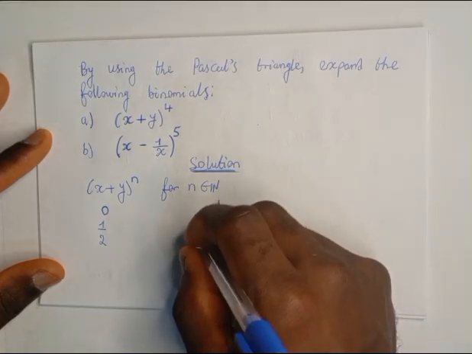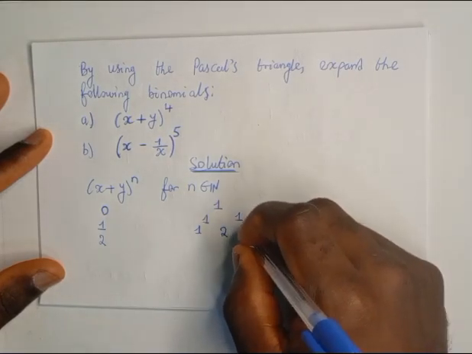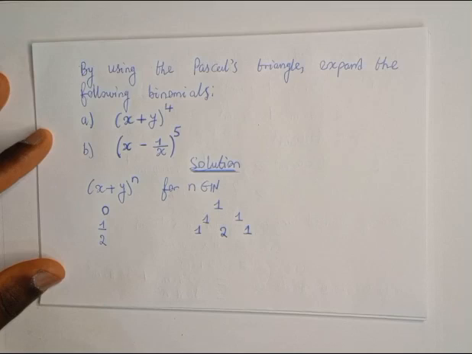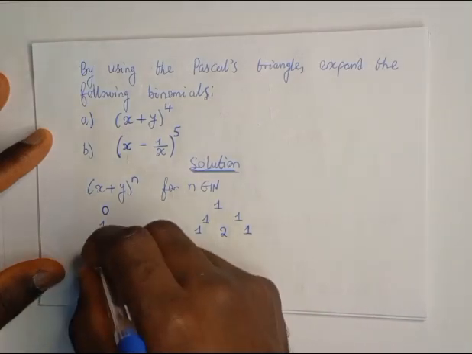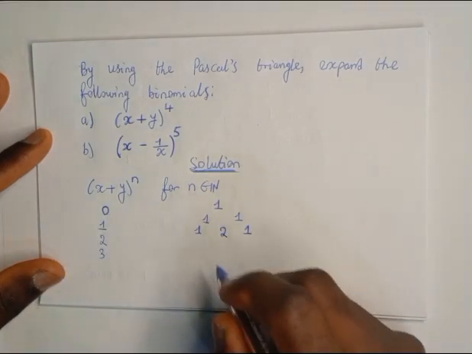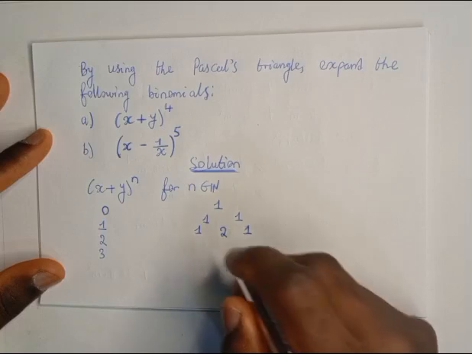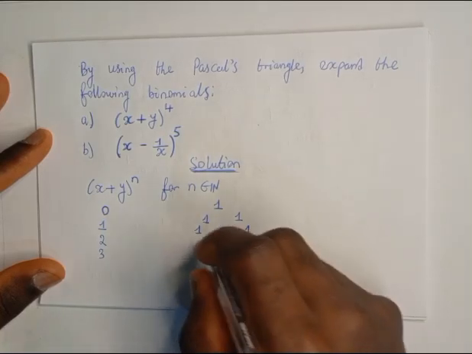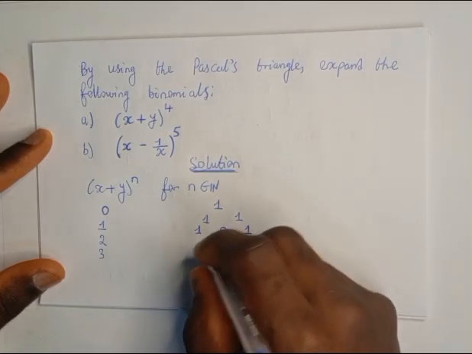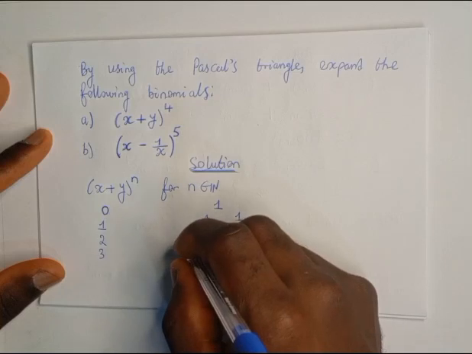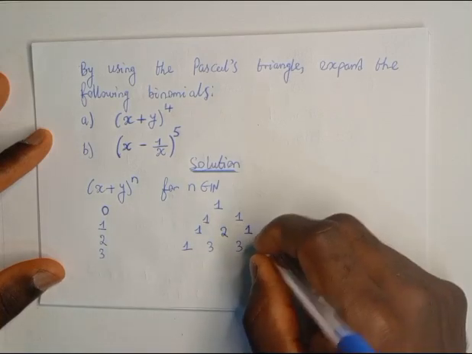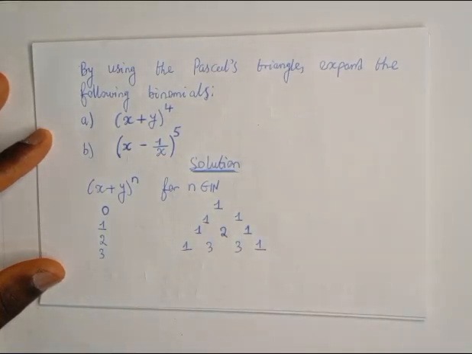Then by the sides we put 1, 1 for the other coefficients. Next, when n is 3, we have 2 plus 1, which gives 3, 1 plus 2, which gives 3, then 1, 1. You can see how the triangle is being formed.